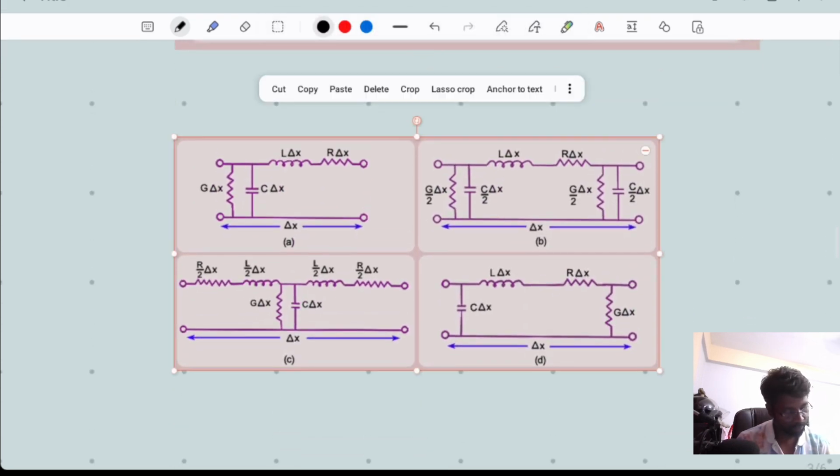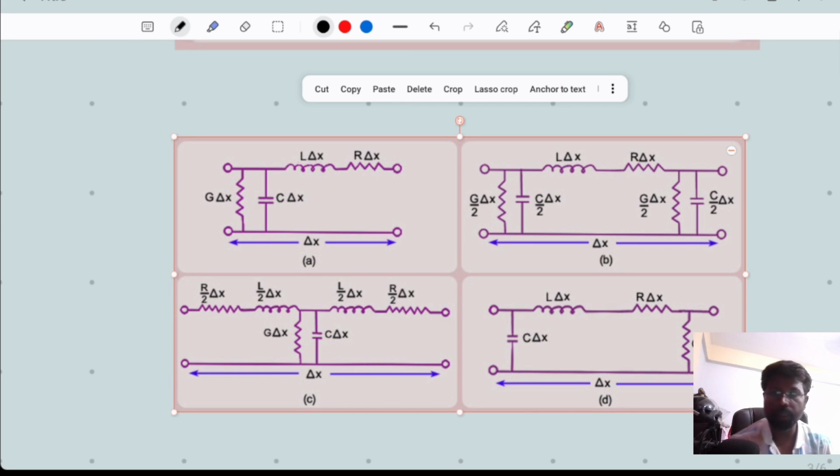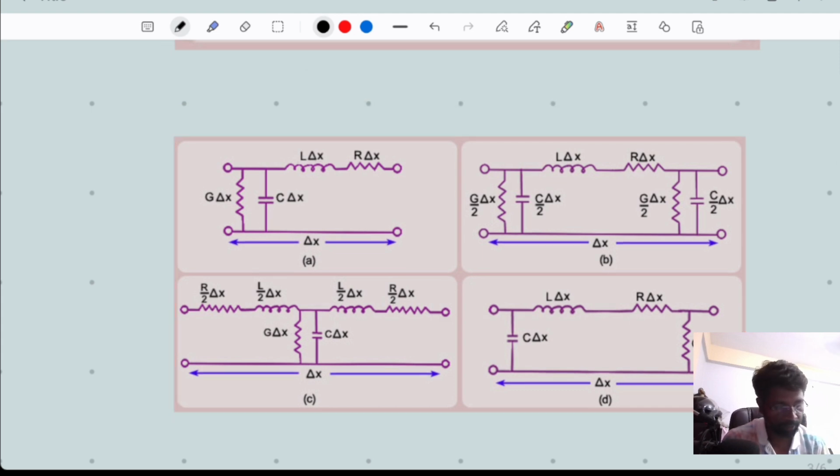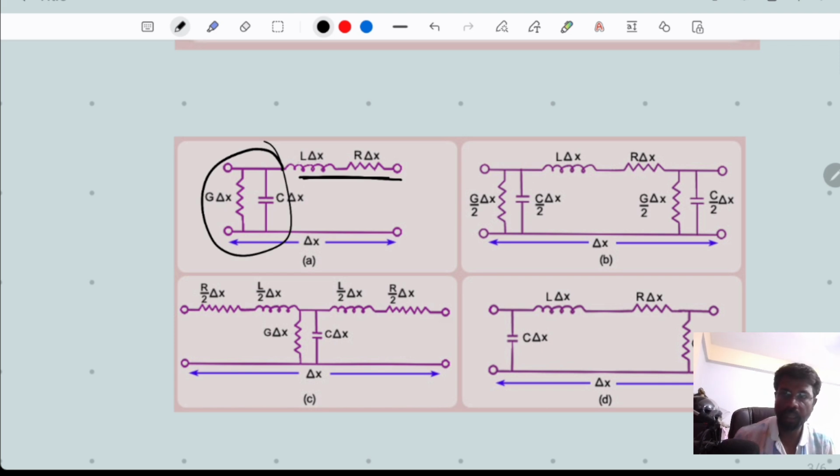For a small section of length delta x, the equivalent circuit of transmission line can be represented in this manner. In the first case, this L and R are kept like this, and G and C are kept in parallel.